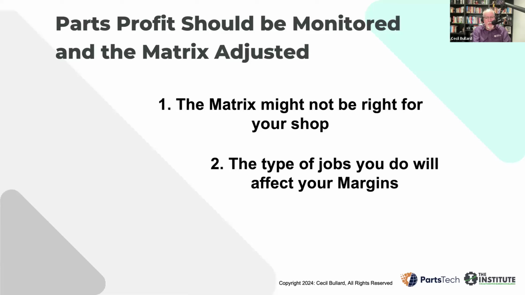And the reason why the matrix might not work is because of the type of jobs you do. So if you're a tire store where you're doing tires, I don't have tires in this matrix. I have tires in a different matrix. We set a goal for 40% on tires. Most of the tire stores that I would be working with are probably in the 37, 38% on their tires.